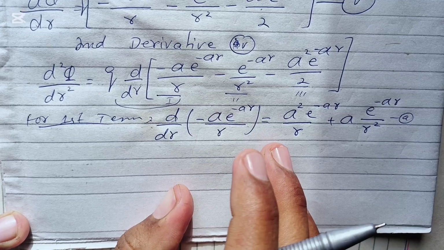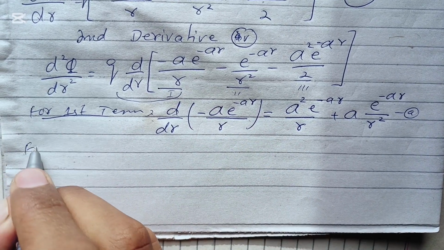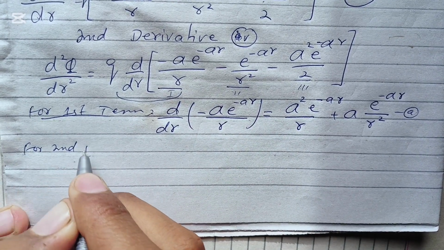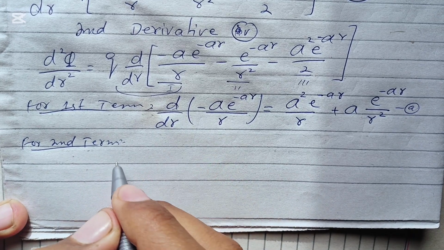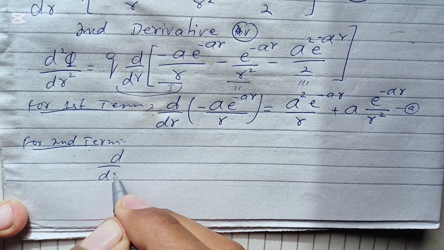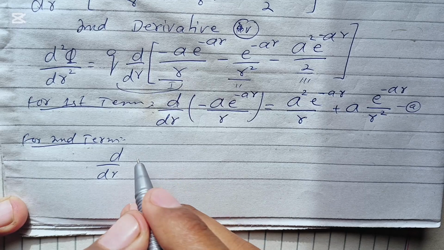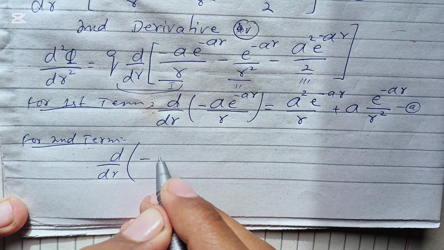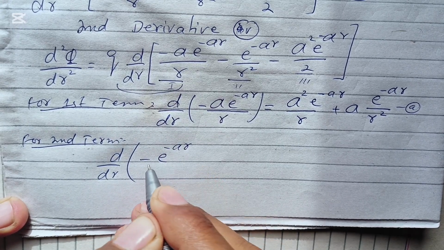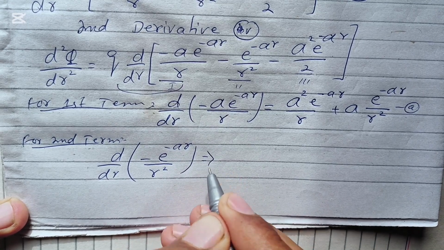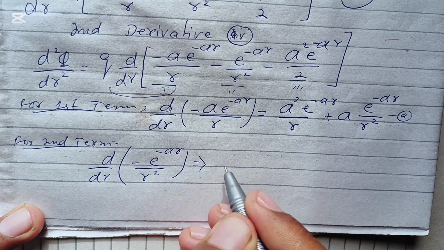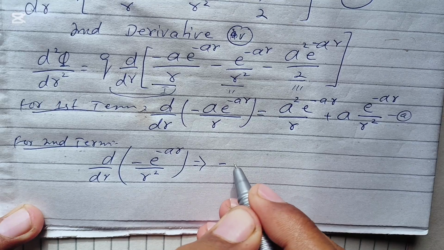Now for the second term, this will be equal to d/dr of minus e^(-alpha r)/r square.